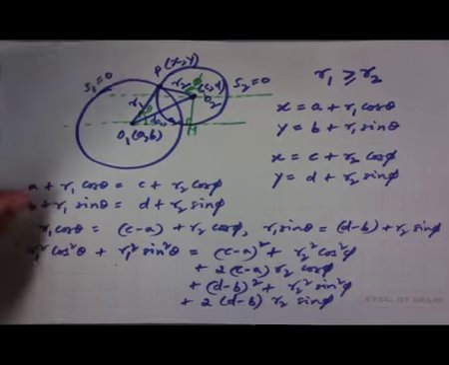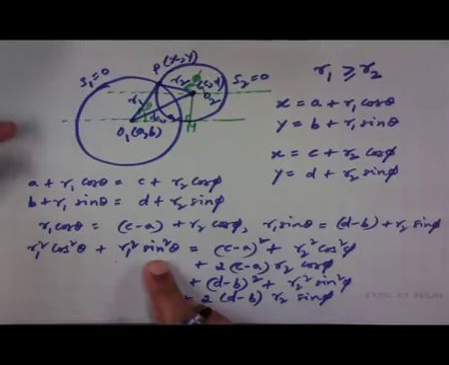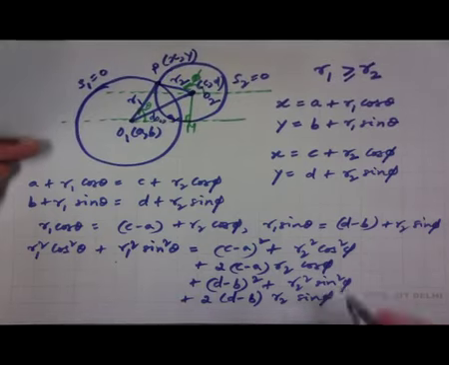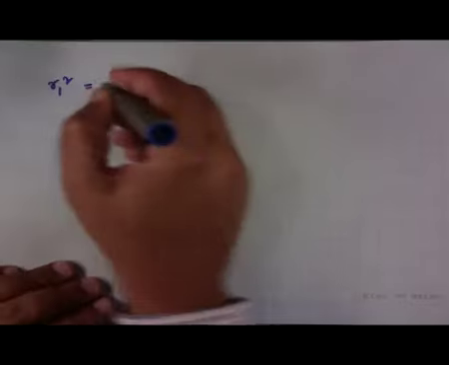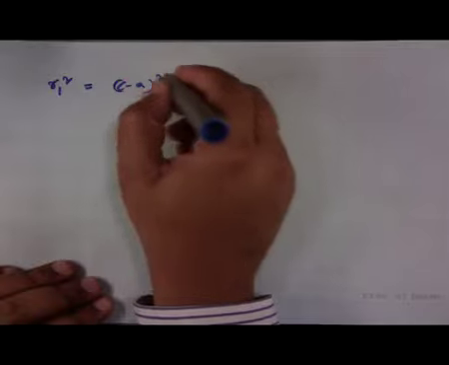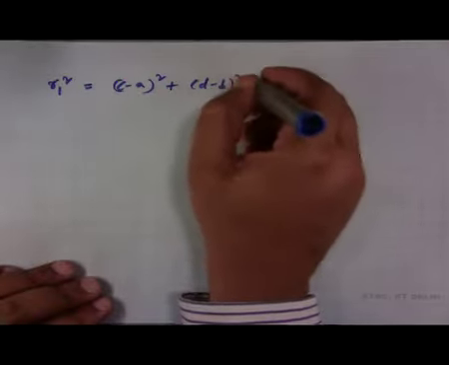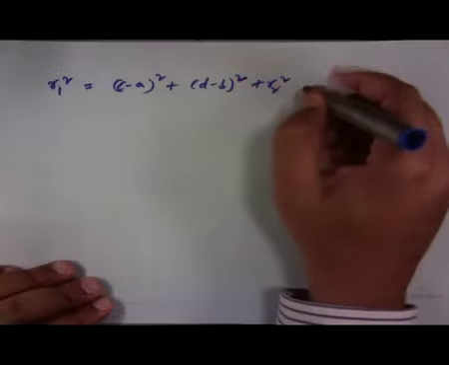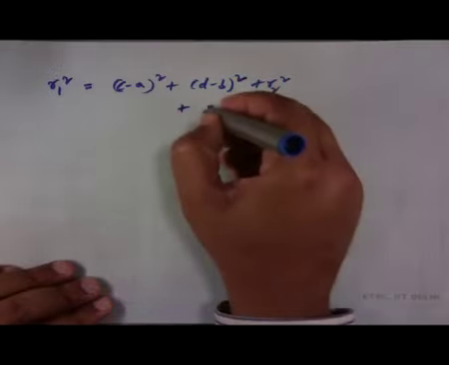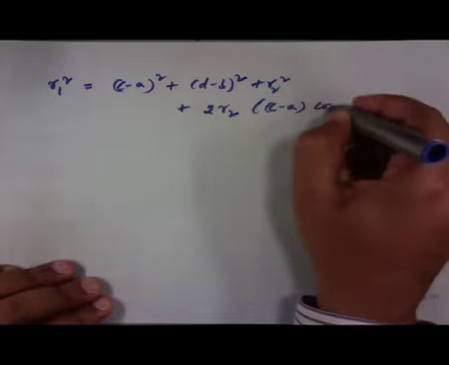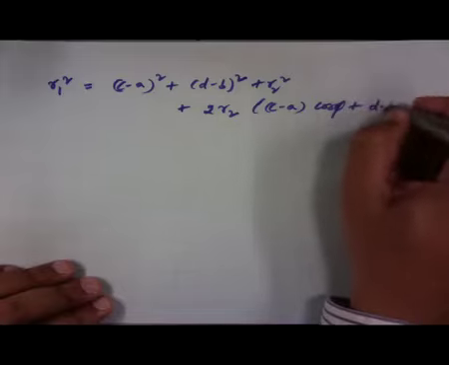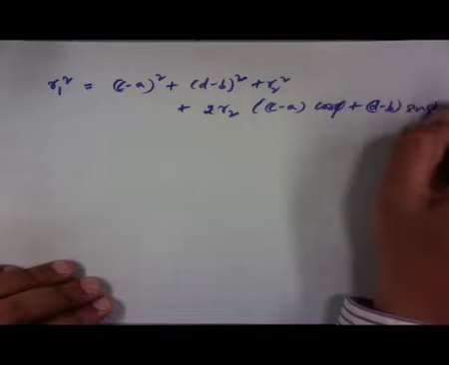If we simplify that using the fact that cos square theta plus sin square theta is 1 for any theta, and similarly cos square phi plus sin square phi is also 1, then we get r1 square is c minus a whole square plus d minus b whole square plus r2 square plus 2 r2 into c minus a cos phi plus d minus b sin phi.